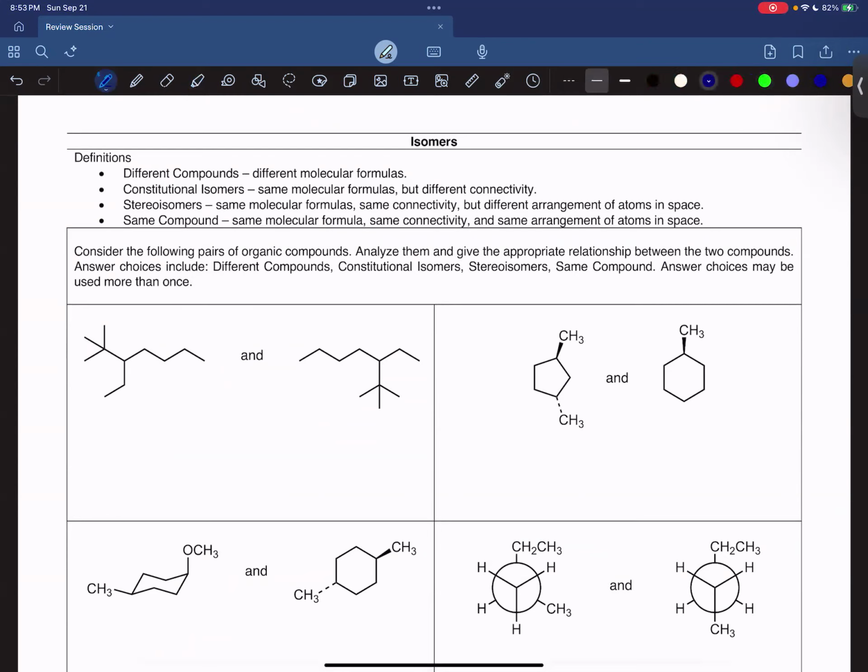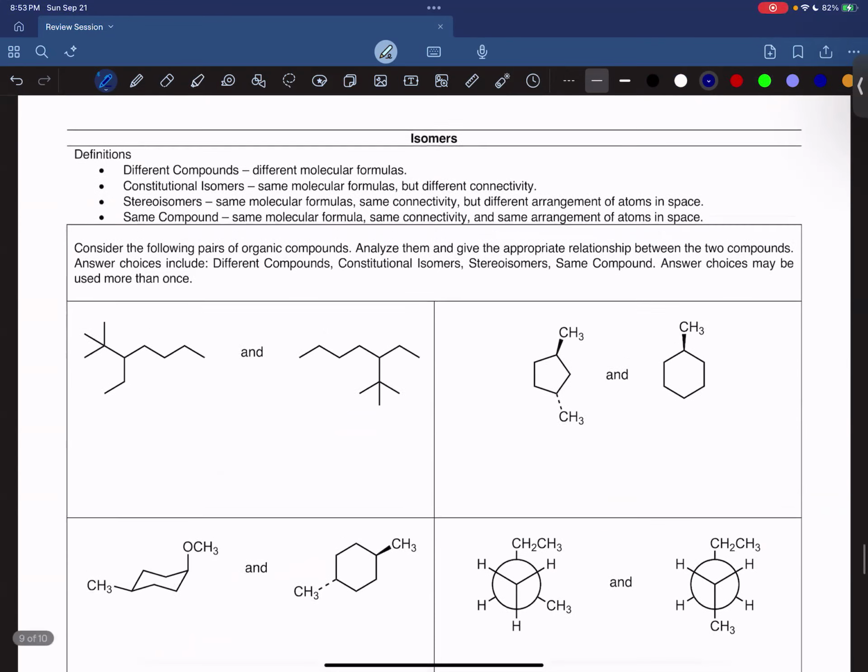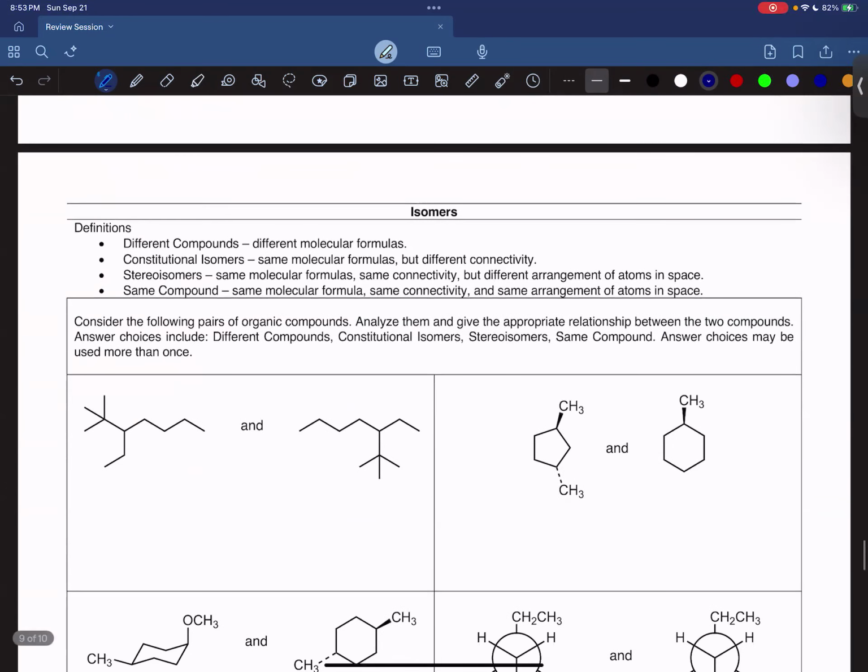All right. Can you guys hear me? Okay. Now I'm going to do a quick review for the isomers. First, different compounds. You're going to see different molecules, and for constitutional isomers, you're going to see different connectivity, which means you're going to have different structure.